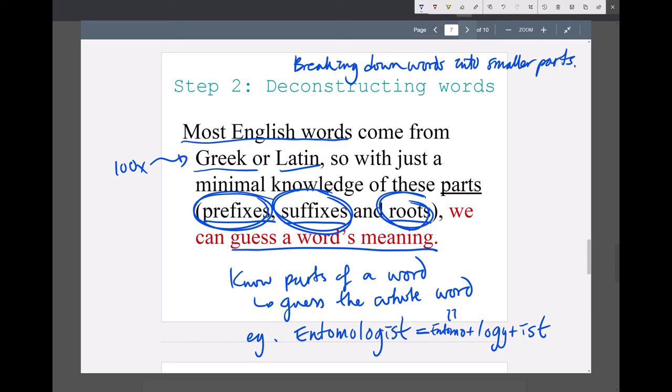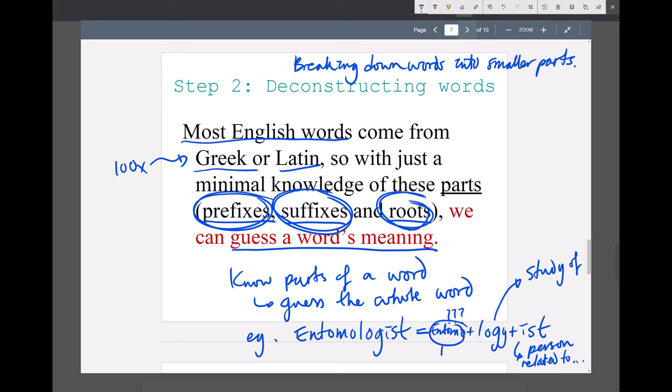So you may wonder what this is. But remember, you already know what LOGY or logi means. It means the study or the study of, and IST means someone, a person relating to this. So it's a person who studies this.